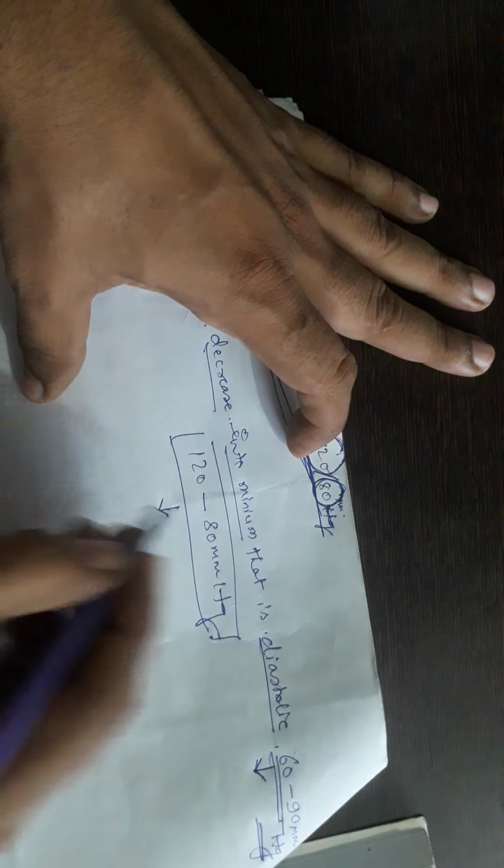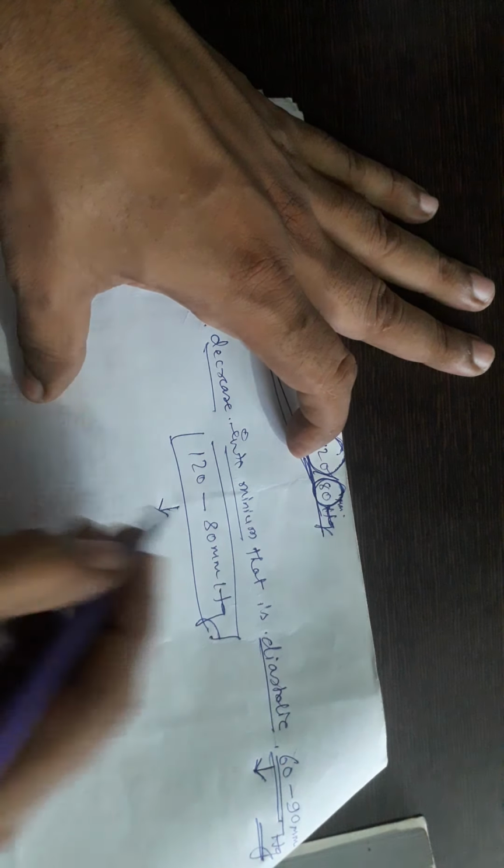So a high blood pressure patient will have more than 120 systolic pressure and 80 diastolic pressure. Persons with low blood pressure will have less than 120 systolic pressure and less than 80 diastolic pressure. So this is the general concept of systolic and diastolic pressure.